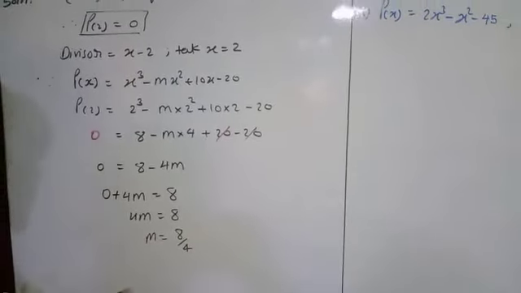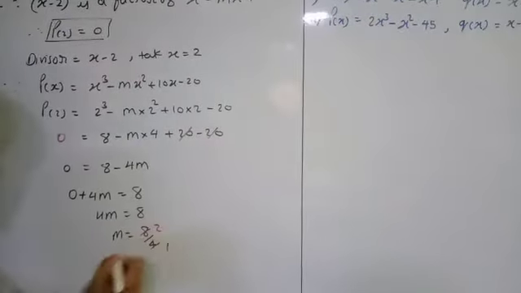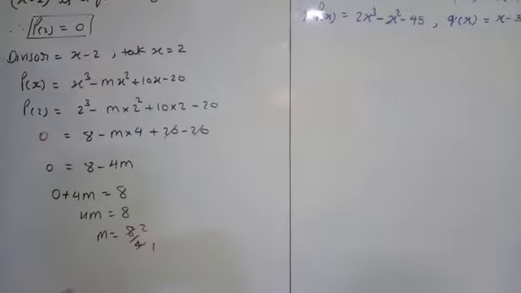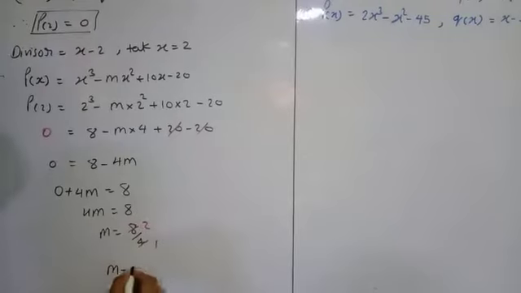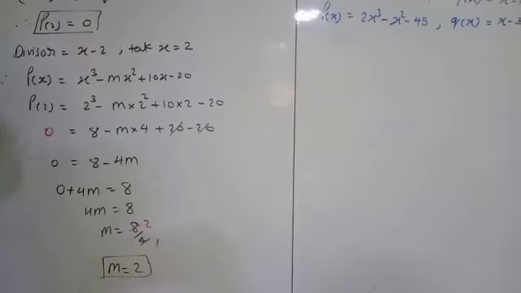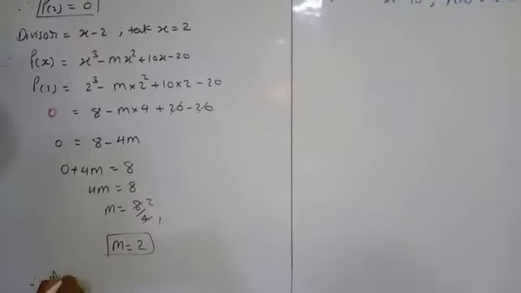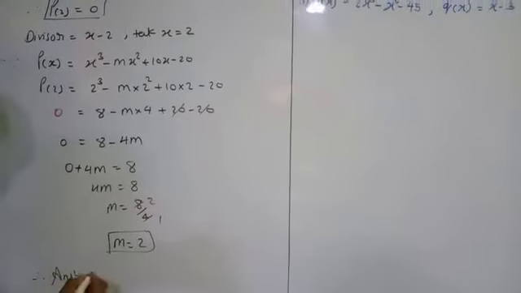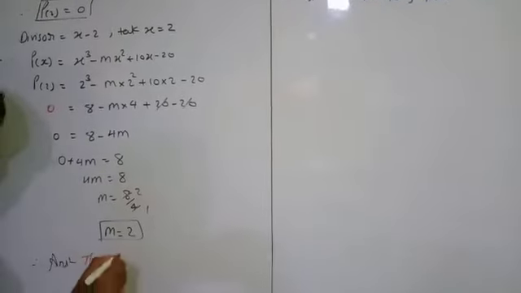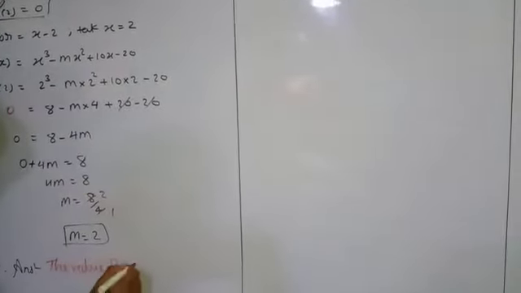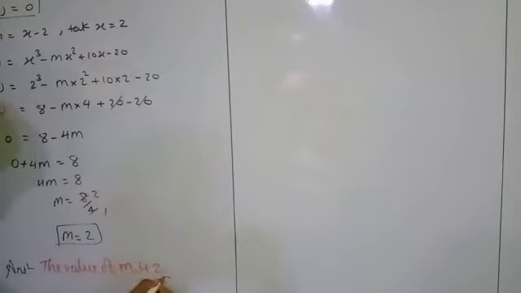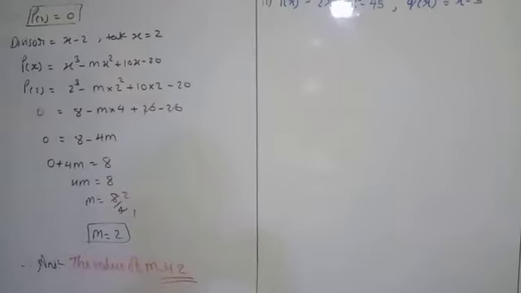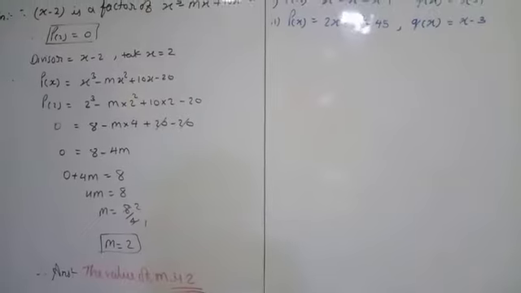Do the cancellation: 4 ones are 4, 4 twos are 8. We will get the answer m is equal to 2. Therefore, we have to write the value of m is 2. This way we have to consider our answer.